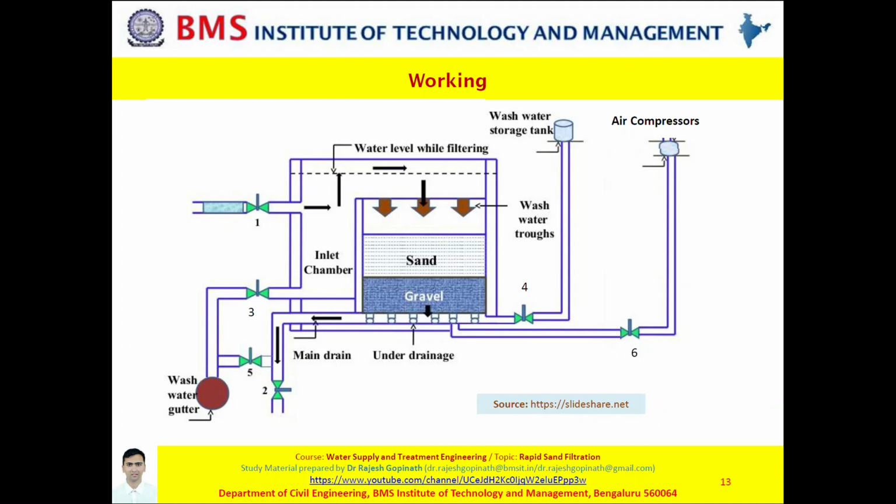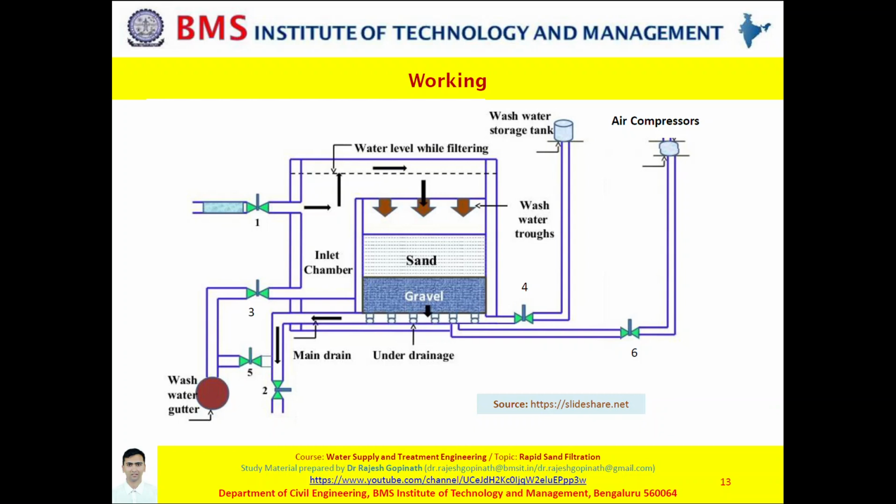Now observe carefully. When the water enters into the main drain, it moves in the direction where there are 2 valves, 5 and 2. Since 5 is closed, the filtered water does not enter the drain. Rather, it goes via 2 to the disinfection unit.